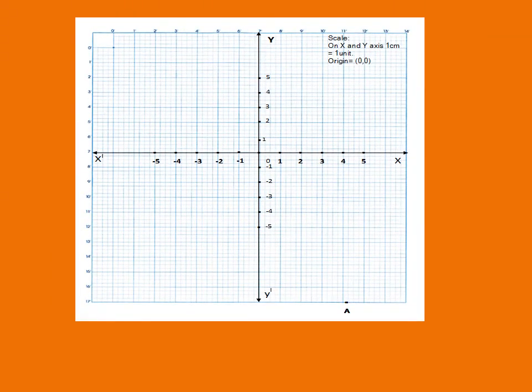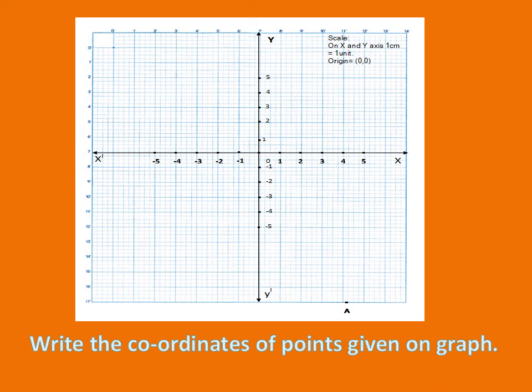Now we will learn how to write the coordinates of a point given on a graph. As you know, x coordinate first, y coordinate second. So let's begin. Yes, a point which is given on the x-axis and y-axis, as you see at the center, what will be the coordinates of it?